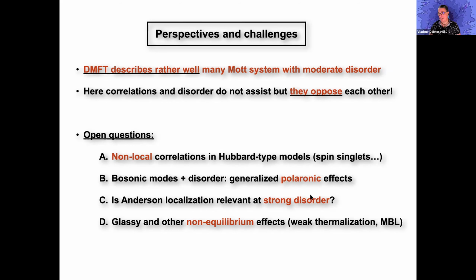What I'm trying to say is that doped semiconductors have extremely strong disorder. You can think of it as a lattice where the sites are completely randomly placed, and because the overlap of these hydrogenic wave functions is an exponential function of distance, you expect the hopping elements to be broadly distributed over many orders of magnitude. So this is an example of extremely strong hopping randomness.